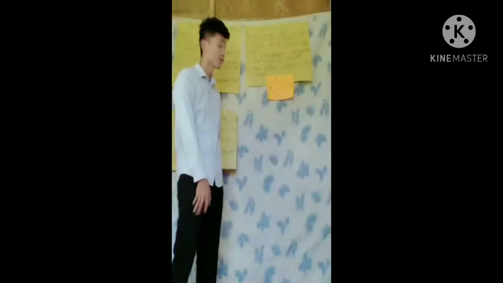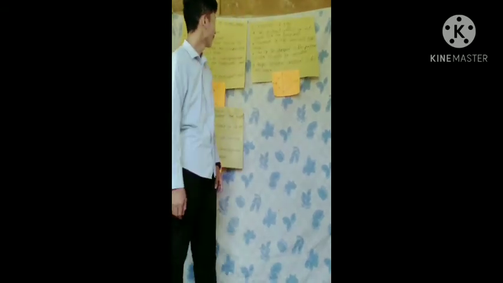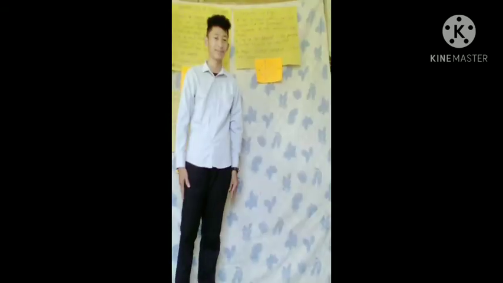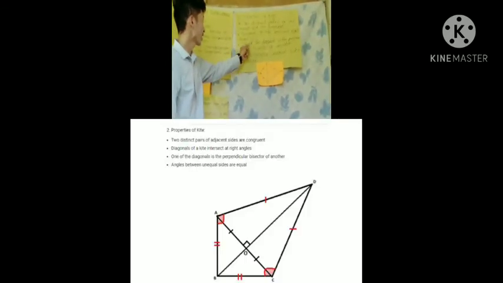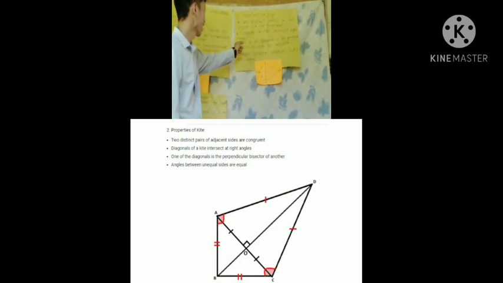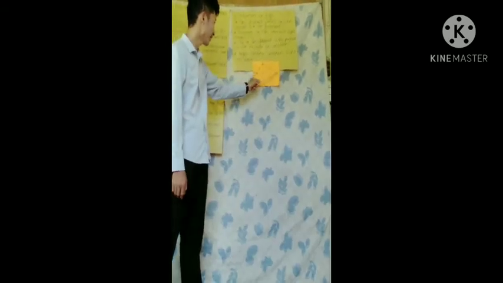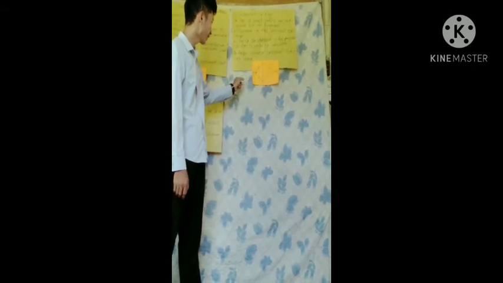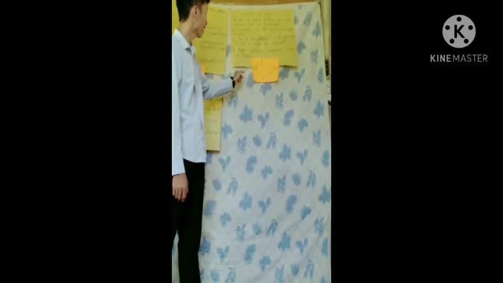Let's proceed to the last properties that I have chosen, which are the properties of a kite. The first property of a kite: two distinct pairs of adjacent sides are congruent. Sides ED and DC, and sides BC and BA are the distinct pairs.